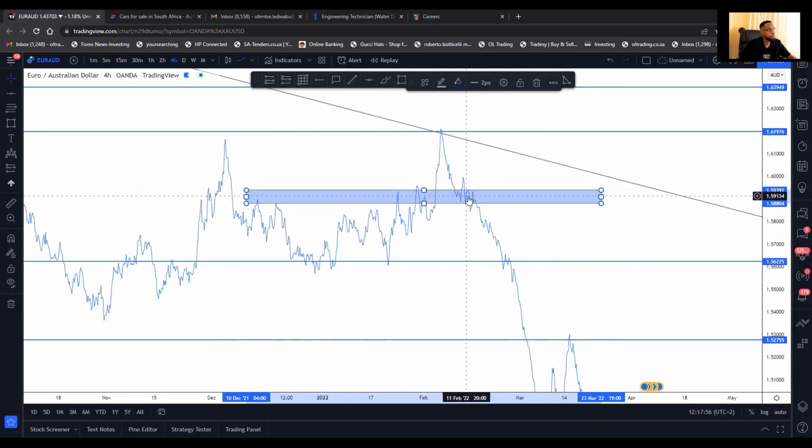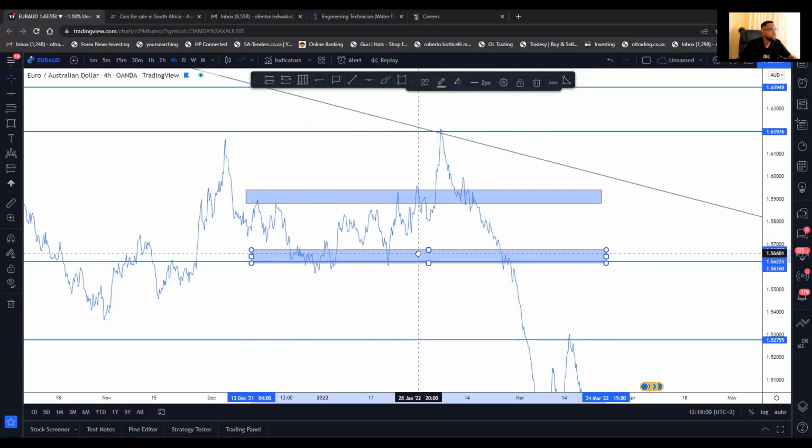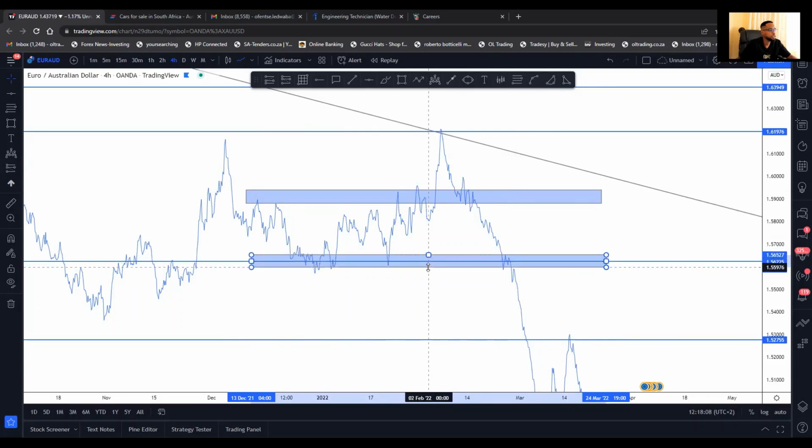If it breaks, come back and retest. Then the second one will also be here. So as you can see, the market, when it's out of this area, it pushes further up.